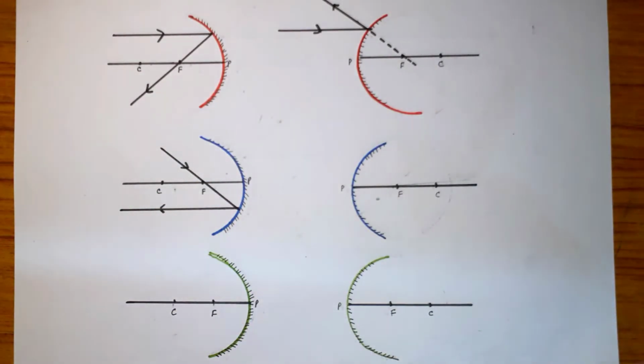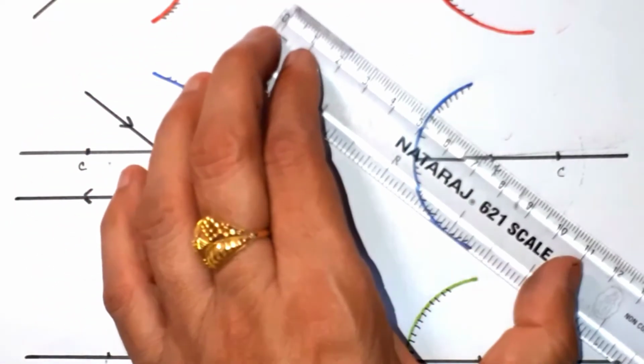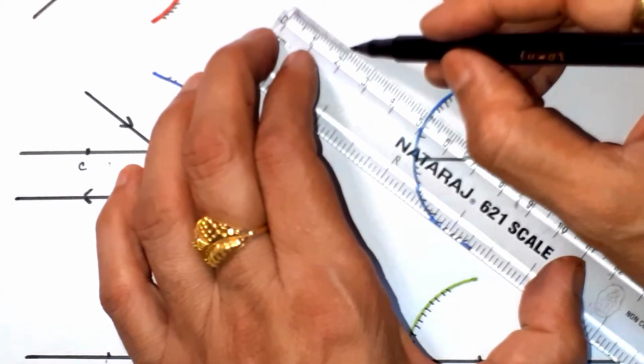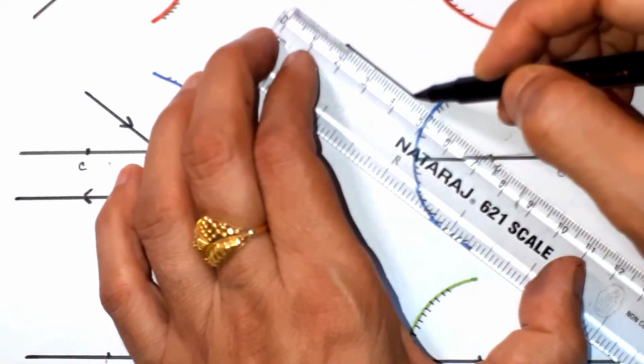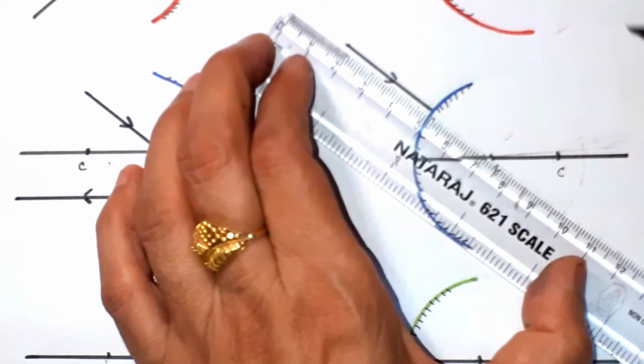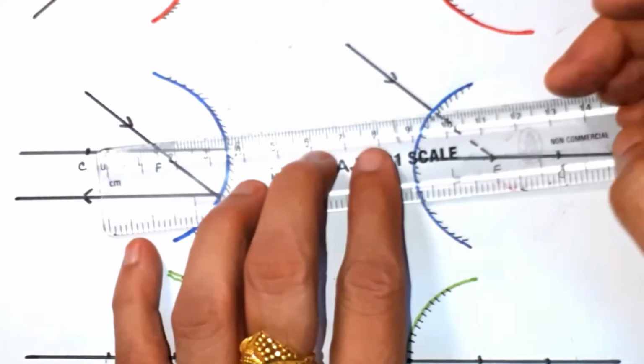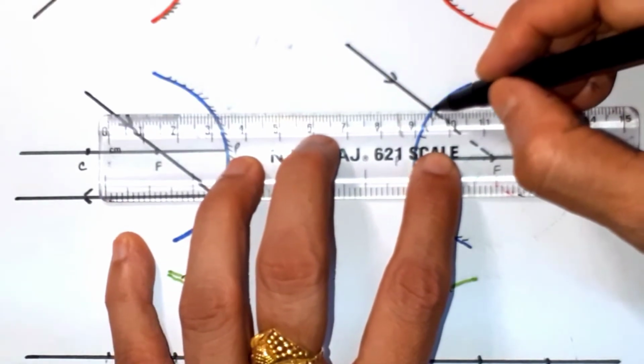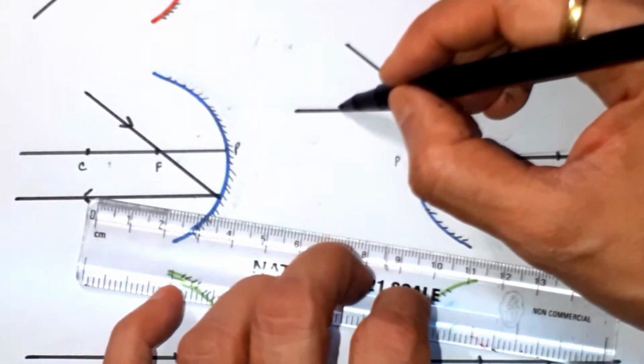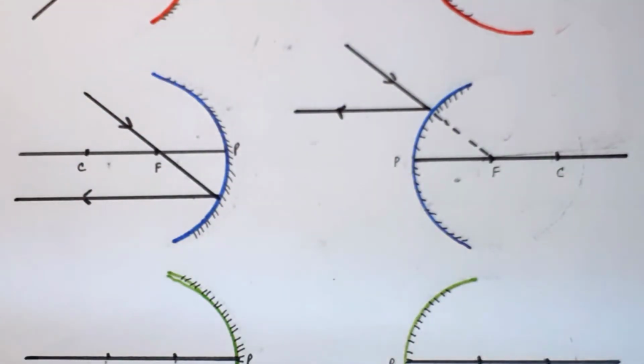In the convex mirror, if the ray is coming from the focus like this, it will become parallel to the principal axis. Okay, so this is the second law, that when the ray is coming from the focus, it will become parallel to the principal axis.